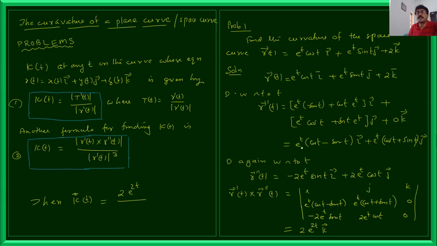Modulus of r dash t is the square root of e raised to t into cos t minus sin t whole square plus e raised to t into cos t plus sin t whole square. Square root of e raised to 2t into cos t minus sin t the whole square plus e raised to 2t into cos t plus sin t whole square.